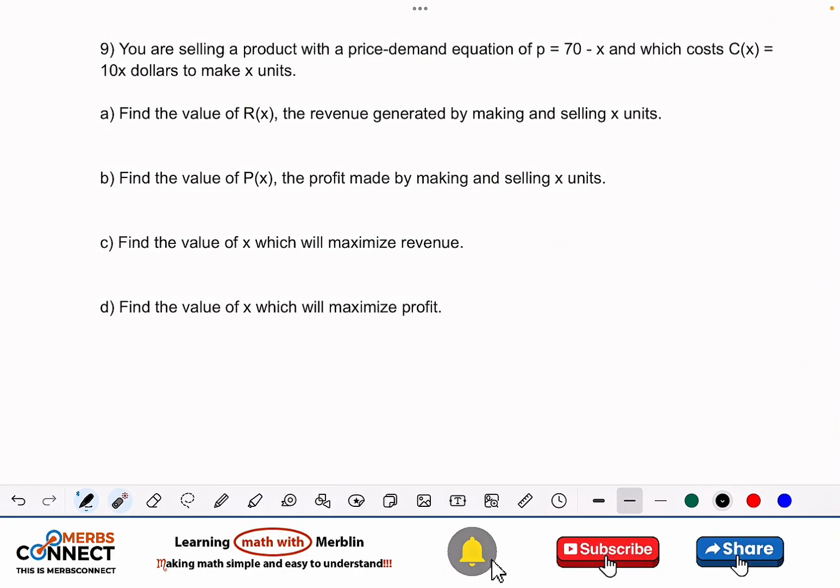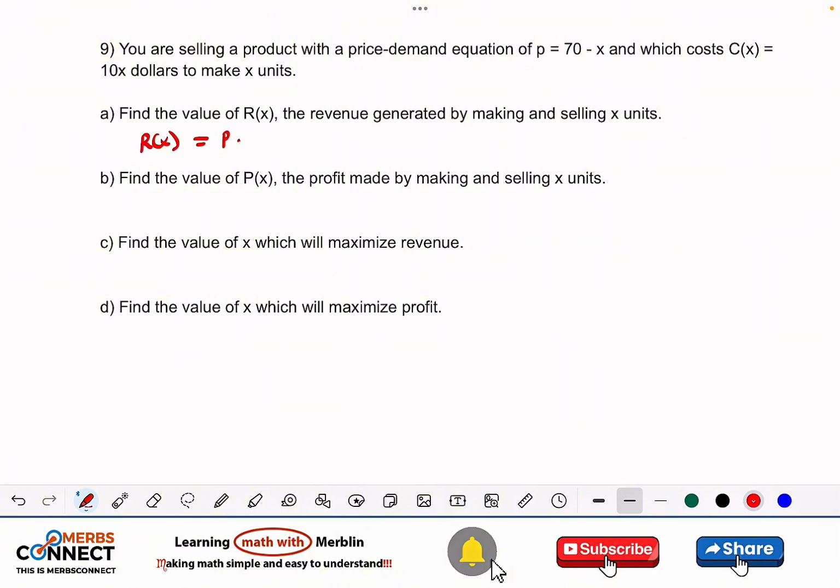You are selling a product, and basically they've given us the equation. We have the price here and we have the cost. We want to find the revenue, and we know that revenue is equal to price times quantity.